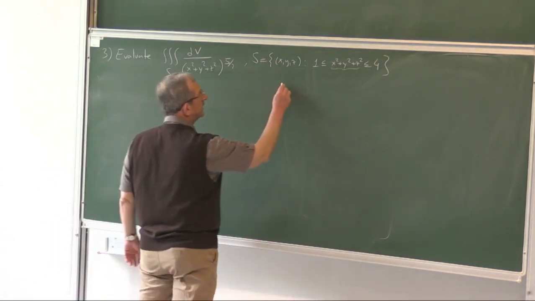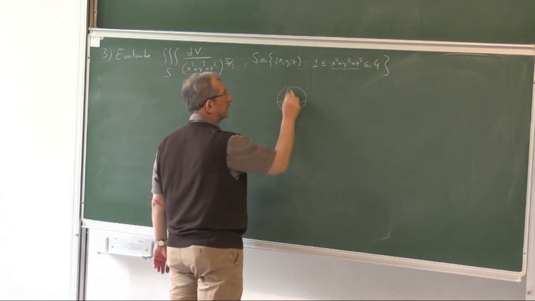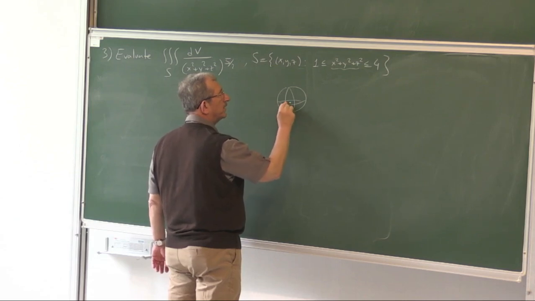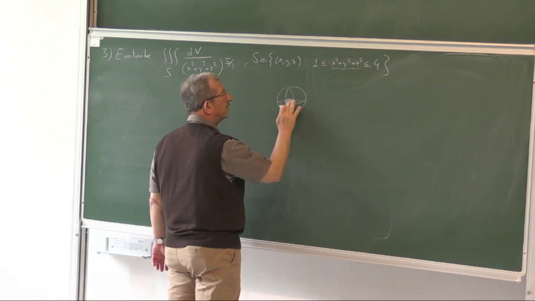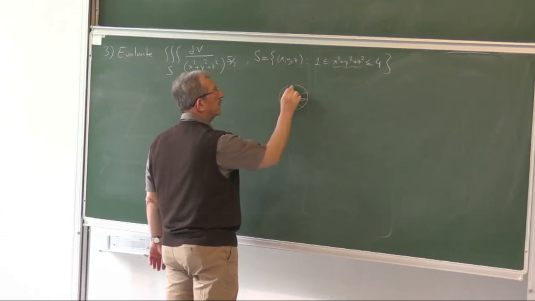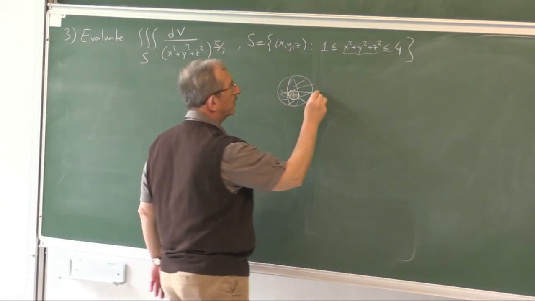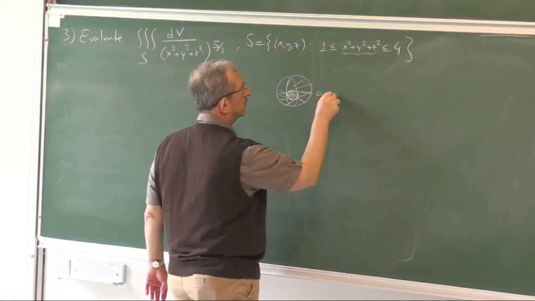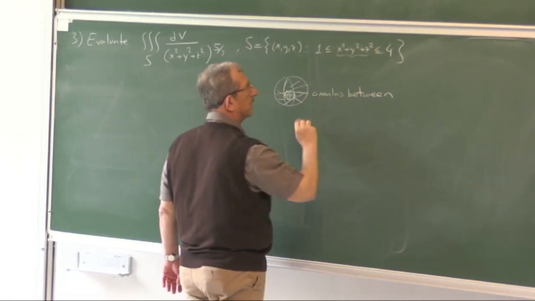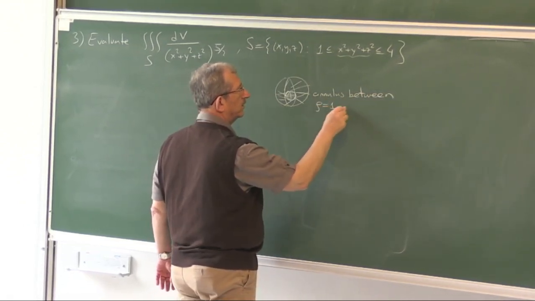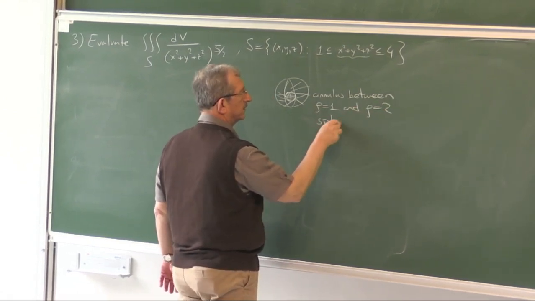So S, if you consider it in this form, is the part between the two spheres. Okay. So this is the annulus between the rho is 1 and rho is 2 spheres.